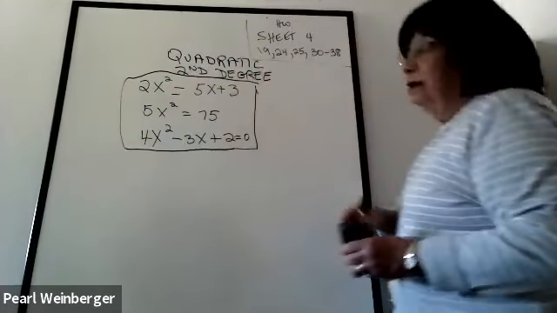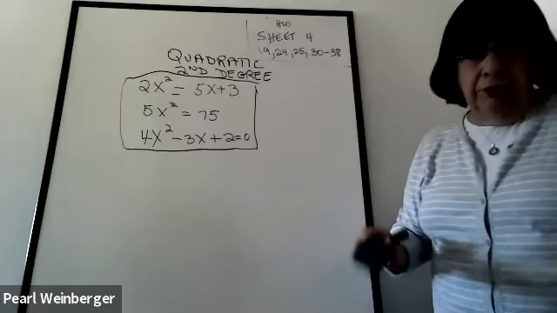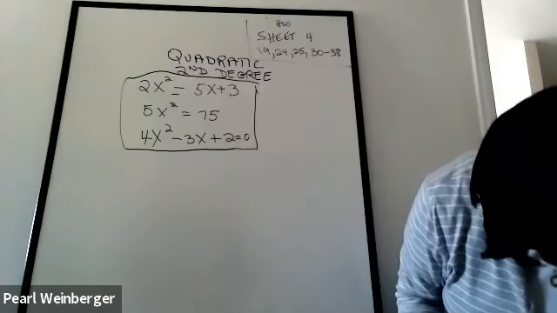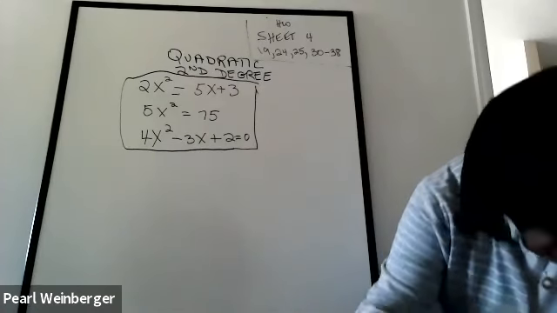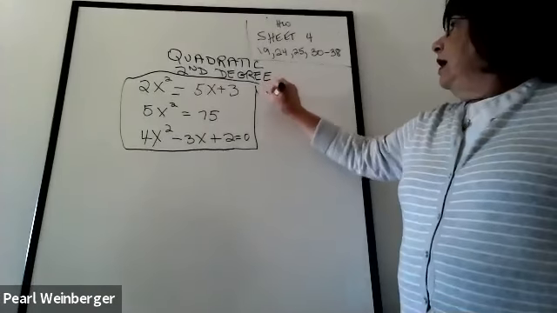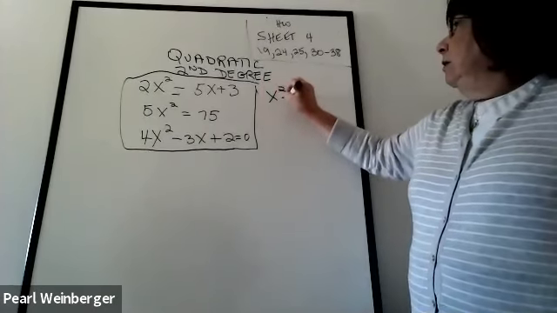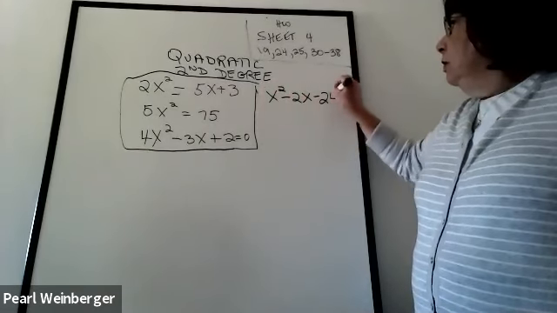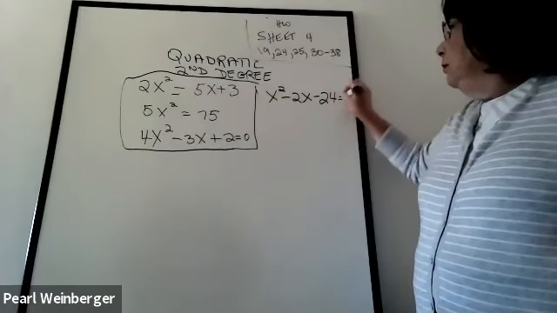I'm going to come back to these a little bit later because they're a little bit more complex. I want to start out with one that really is simpler. Let's say I had this equation, x squared minus 2x minus 24 equals 0.